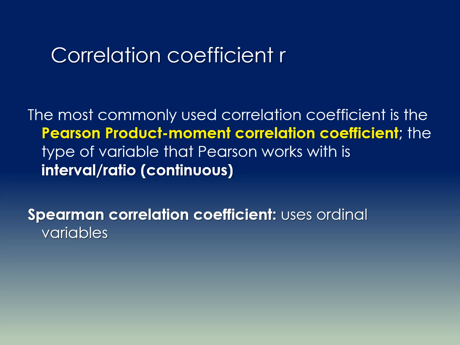That is to say, it's got to be either interval or ratio. If you are using a Likert type scale or an ordinal variable, you can use a Spearman correlation coefficient. So you'll see Pearson and you will see Spearman the most in terms of the types of correlation coefficients that you will see in the literature.